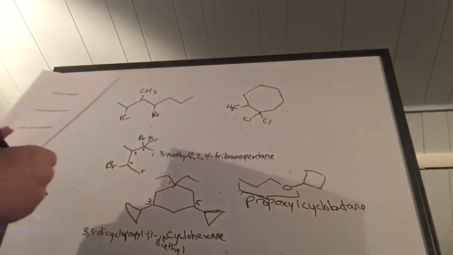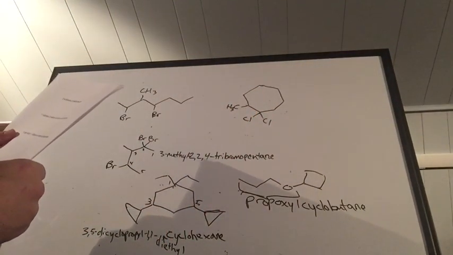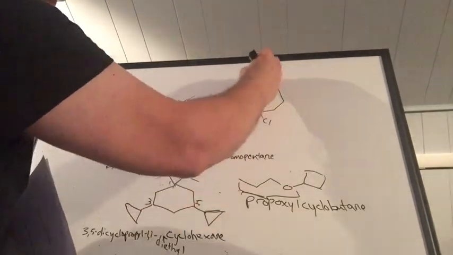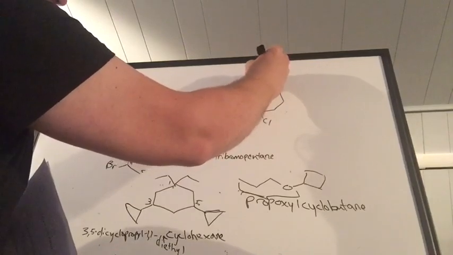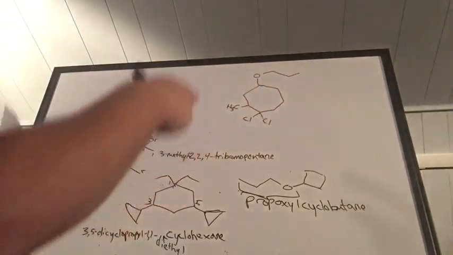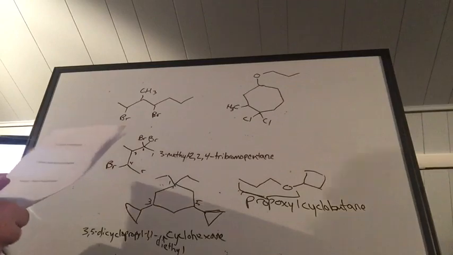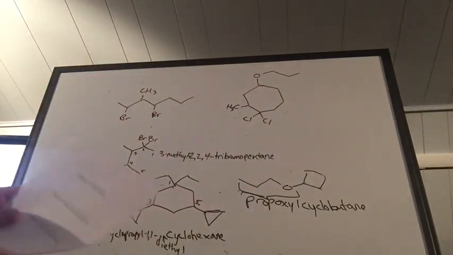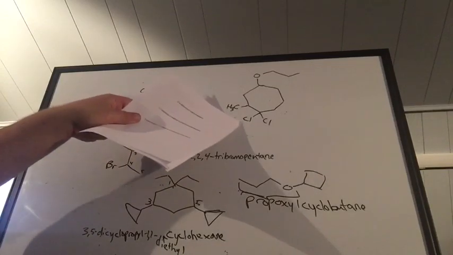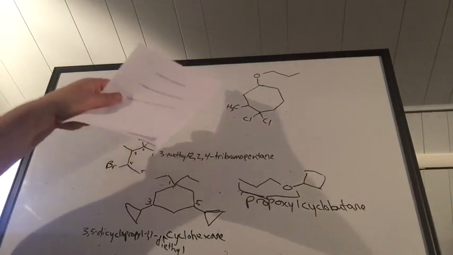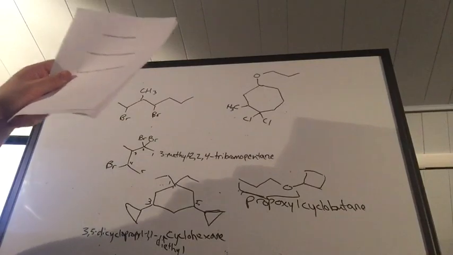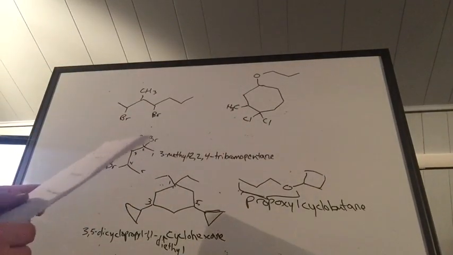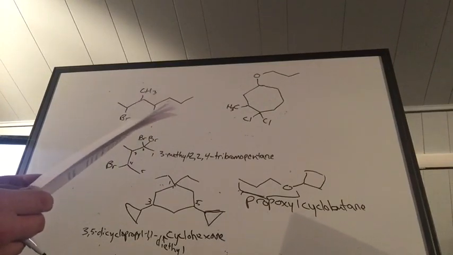And then 4-propoxy. Okay, so that means that 3, 4. 1, 2, 3. So prop meaning 3 carbons hang off that other side of that oxygen. So this would be 1,1-dichloro, 2-methyl, 4-propoxy, heptane.